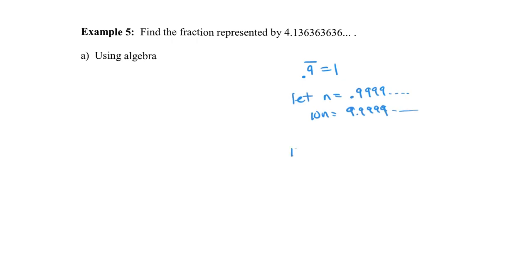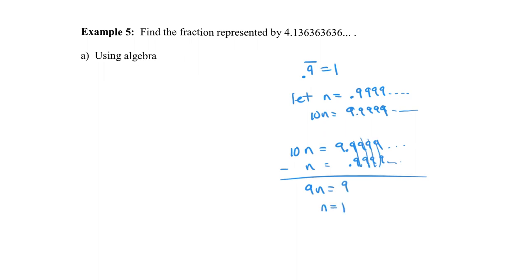Then you can say, okay, so 10n equals this, n equals this, and then we subtract 10n minus n, well, that's 10n minus 1n, that's going to be 9n, and we subtract this, all this cancels except for 9, which means n equals 1.